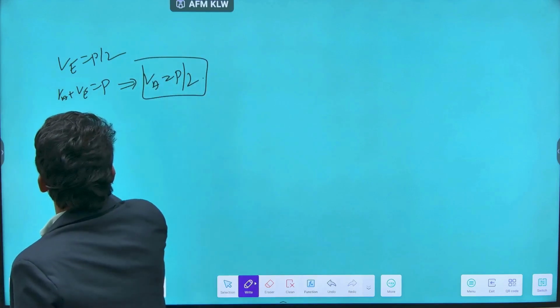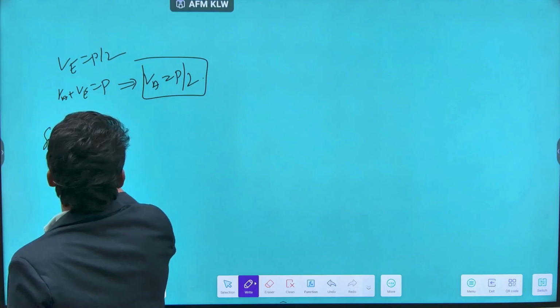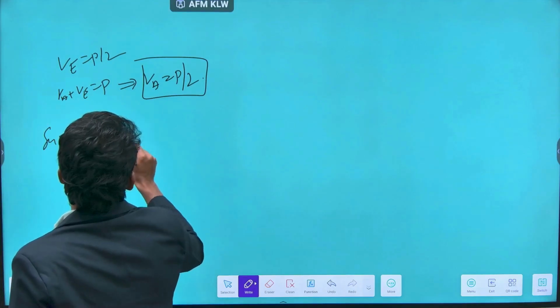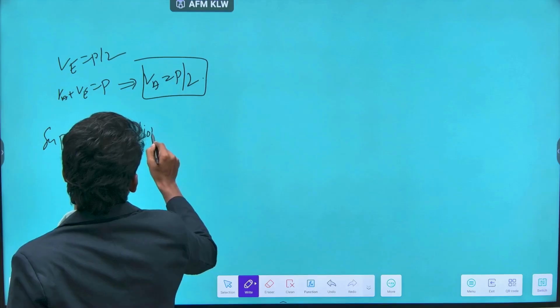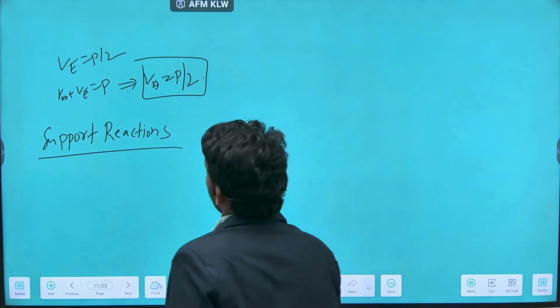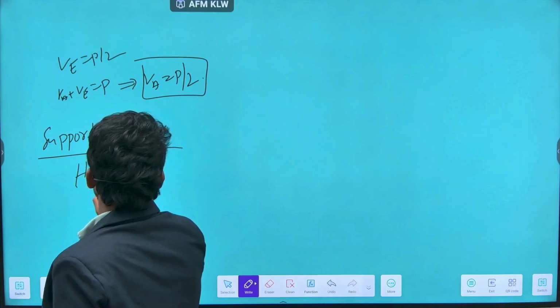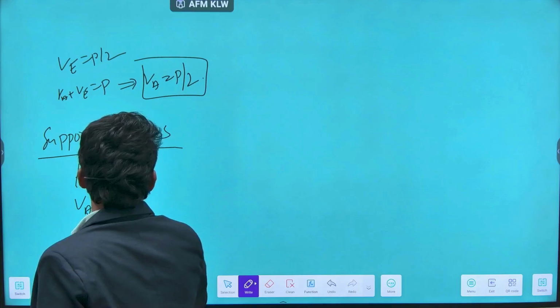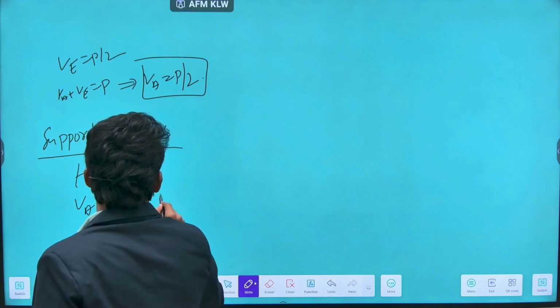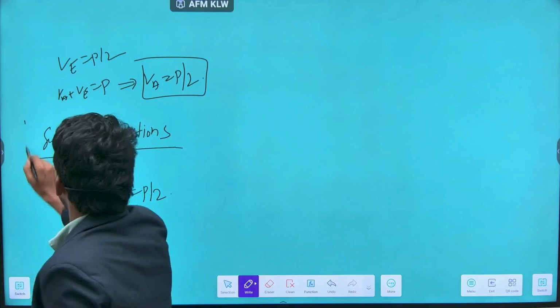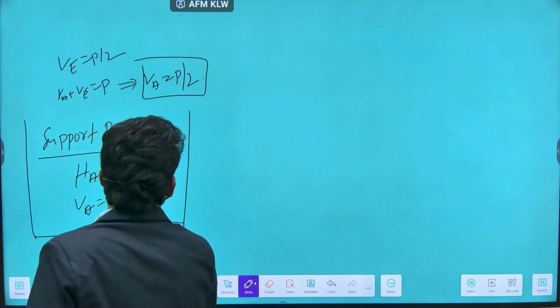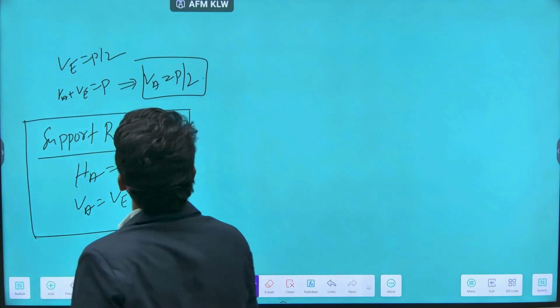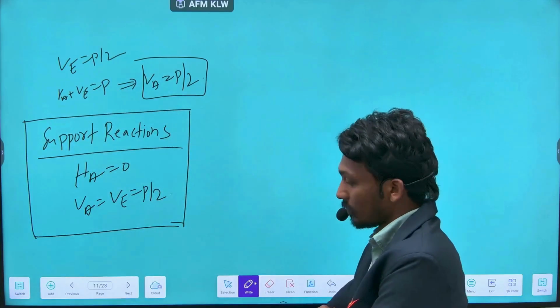So we have calculated the support reactions. HA is 0, VA equals VE equals P by 2. This is step 1.